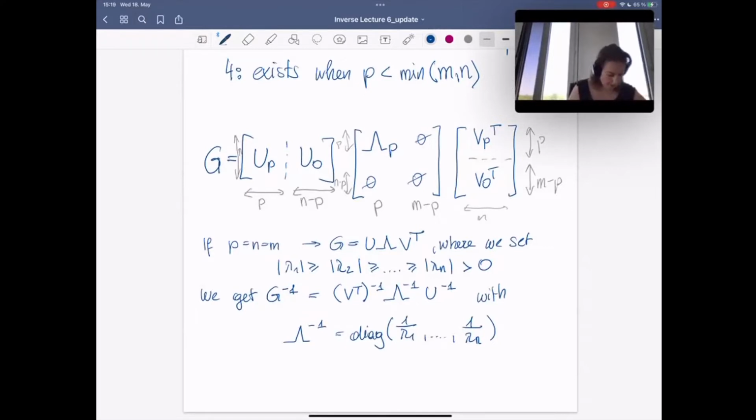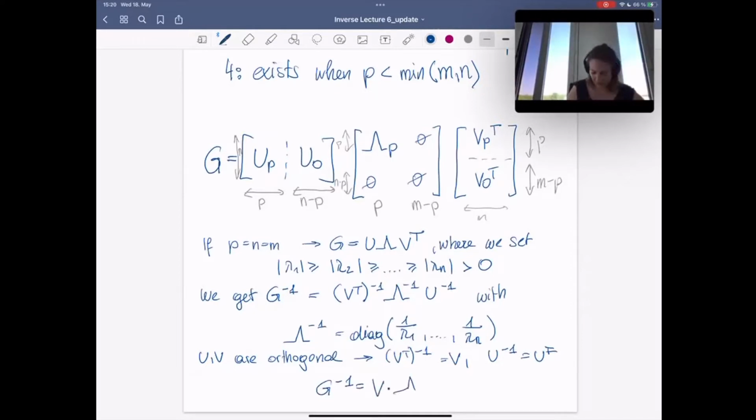Additionally, U and V are orthogonal. So we get the relationship V transpose inverse equals V, and U inverse equals U transpose, which gets us the final inverse of G equals V times the inverse of lambda times U transpose, if we have a square matrix for G and no 0-valued eigenvalues.